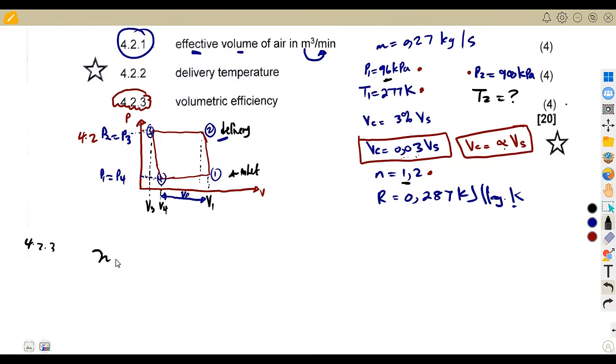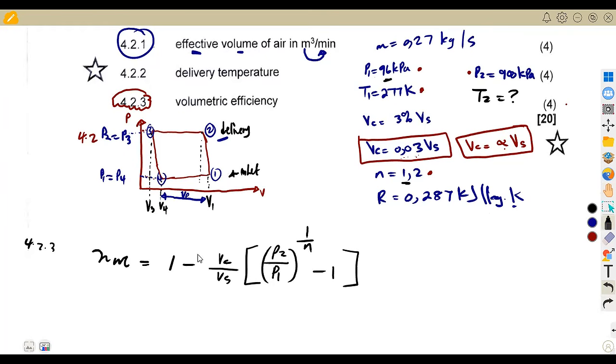Our volumetric efficiency from the first formula is given as 1 minus VC over VS into P2 over P1, to the exponent of 1 over N, minus 1. Here I want us to be careful on this formula.